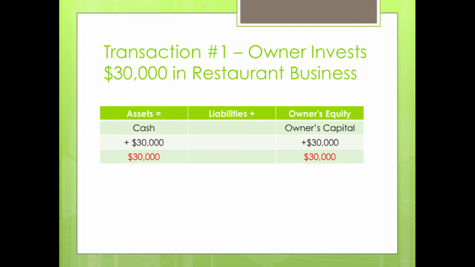Therefore, we will record this under the cash account within the asset component of the accounting equation as a positive $30,000. In your homework assignment, I don't think you have to put the plus, but you do have to put the minus when it's a minus. So those are the questions that you ask yourself to determine which account is affected.